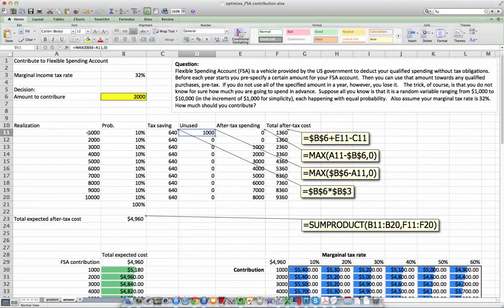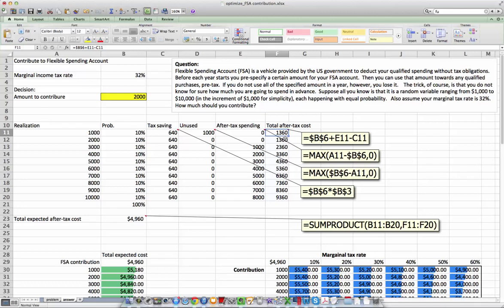In case you do not use all of it, there's an unused portion that you have to lose. On the other hand, though, if you need to spend more than your contribution, you need to spend more, and that's the basic trade-off. And our cost for each scenario is basically the total after-tax cost.